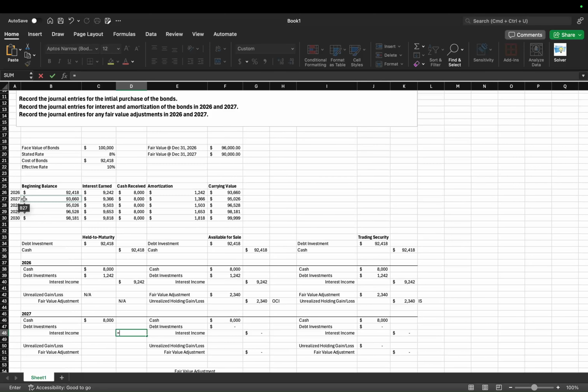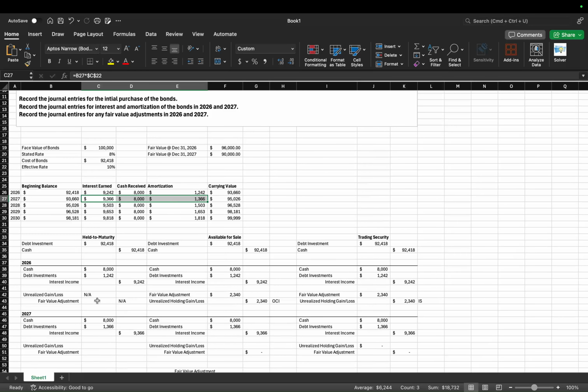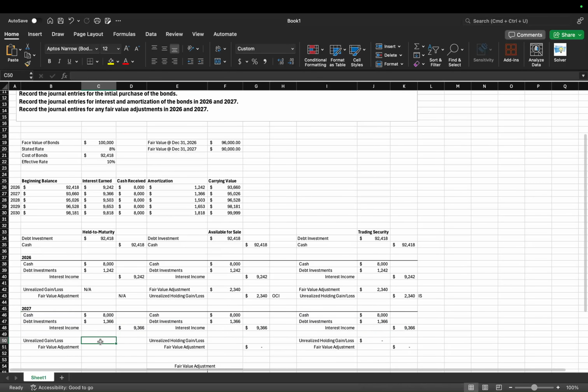Now that we're in 2027, our ending balance of the previous year is now 93,660. So we're gonna take this number and multiply that by our effective rate. And then again, we can just do our plug here. And we see once again that these numbers are the exact same as the numbers in our amortization schedule, right? Once again, this is the same across all three methods.